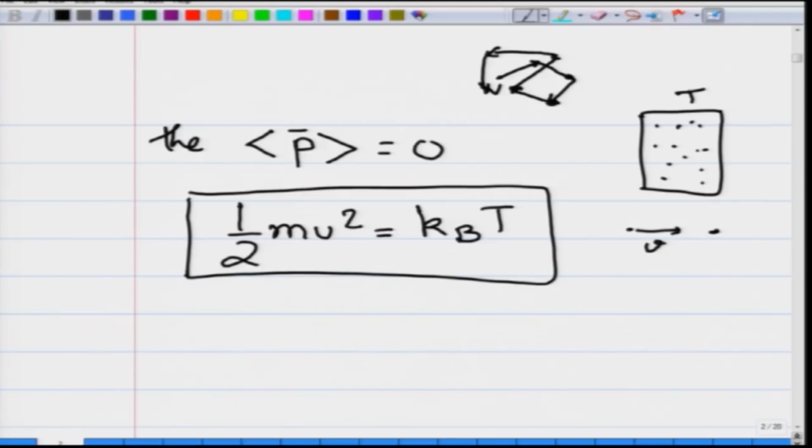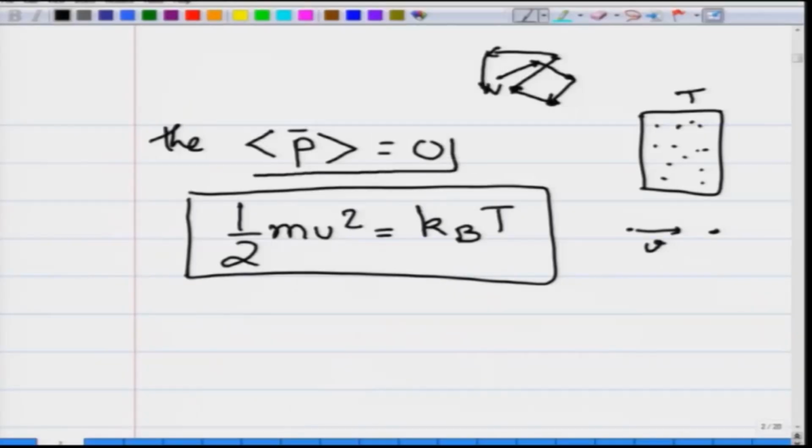So, this gives you an idea of how to describe such a gas of particles which are ideal, non-interacting, but they undergo collisions and they are at thermal equilibrium at a temperature T. With each collision the momentum of the particle is randomized, and as a result the total net momentum is equal to 0.